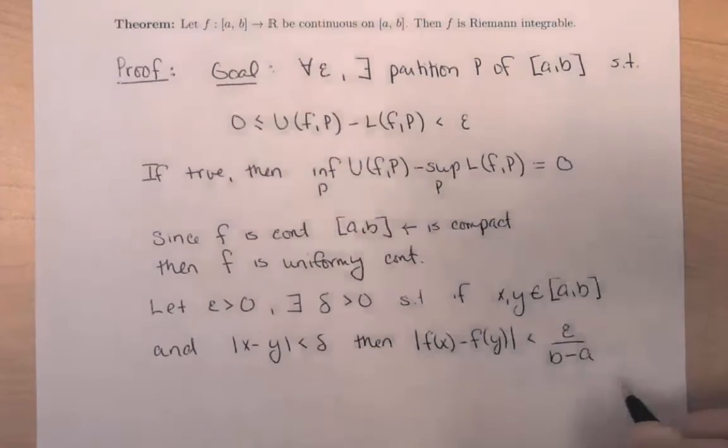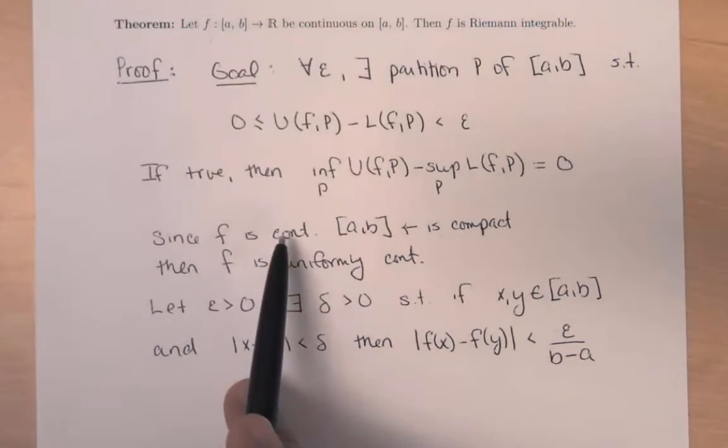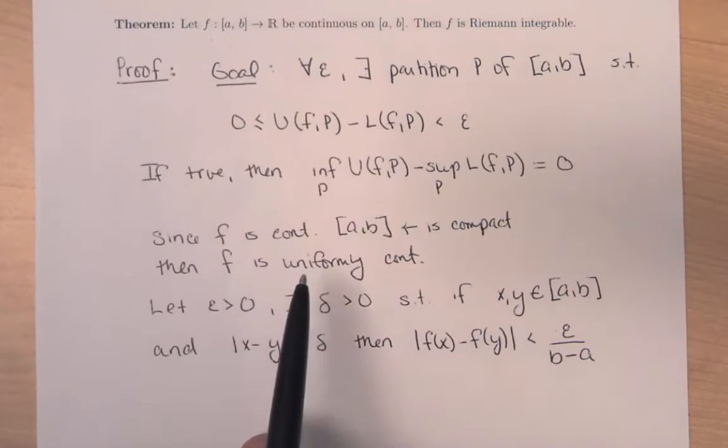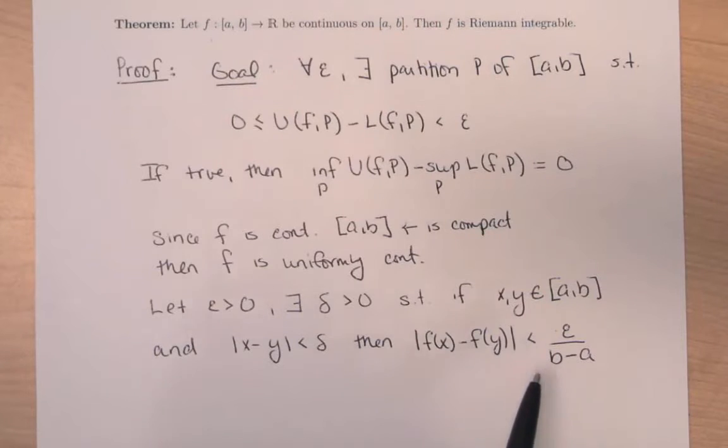The fact that f is continuous, meaning it's uniformly continuous, meaning a delta exists, guarantees this inequality.